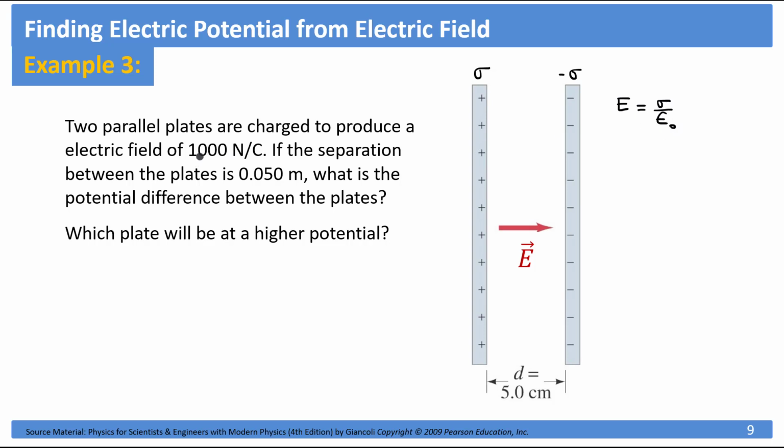But the question was actually generous enough to let us know the actual value of the electric field. Apparently that is 1000 newtons per coulomb, and the separation between the plates is given to us as 5 centimeters. It's asking us to figure out the potential difference between these two plates, and also which plate is at a higher potential.